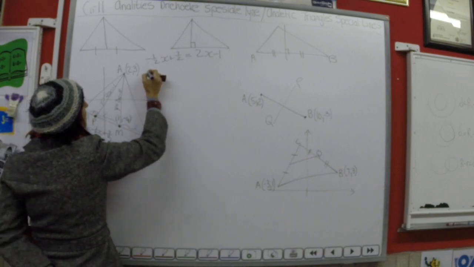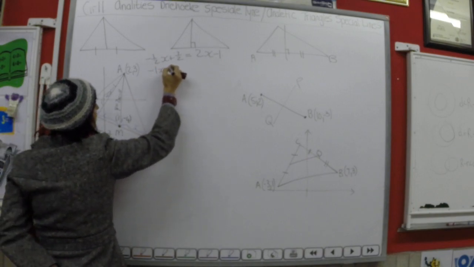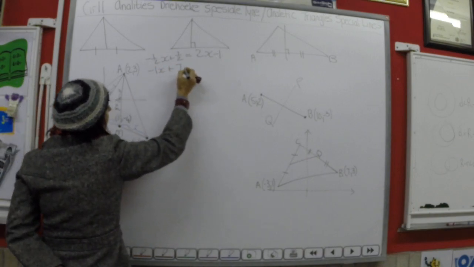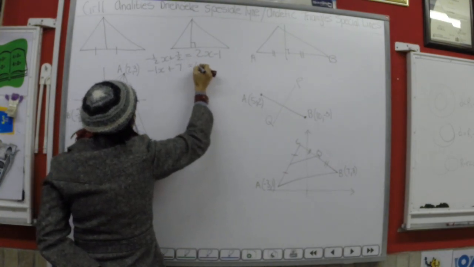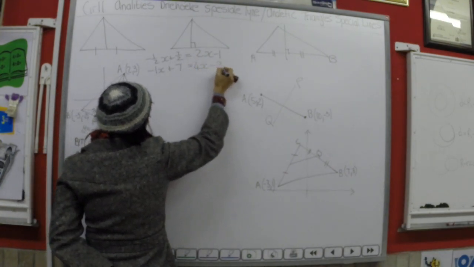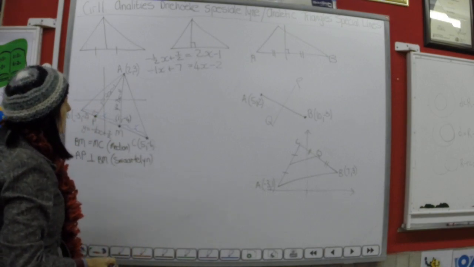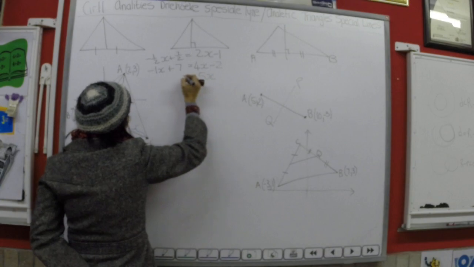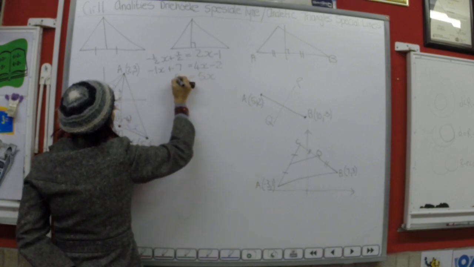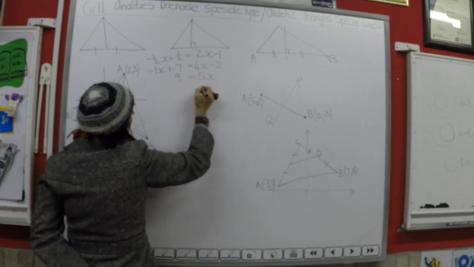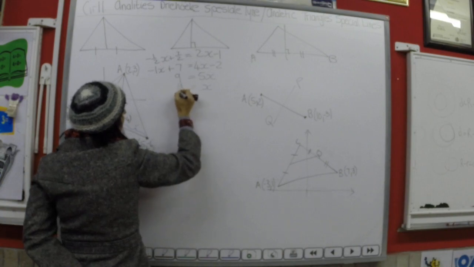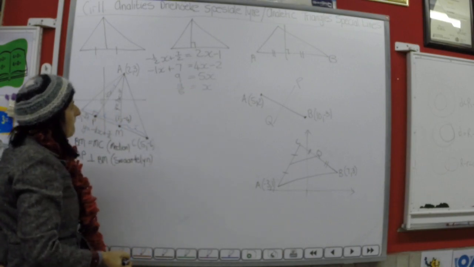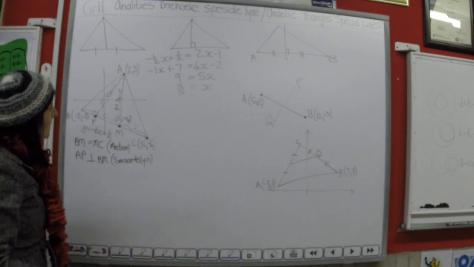So ek het minus 1x plus 7 is gelyk aan 4x minus 2. So if you get your x's alone on the one side, take the minus over, it's 5x, and that equals to 9. So my x-waarde is gelyk aan 9 op 5.